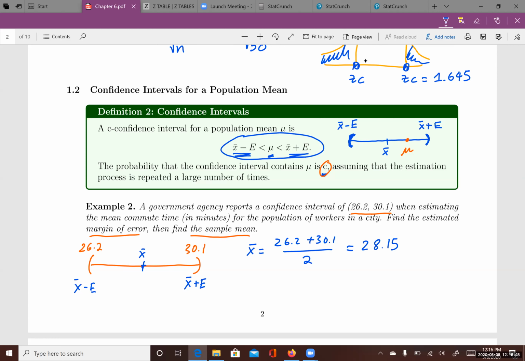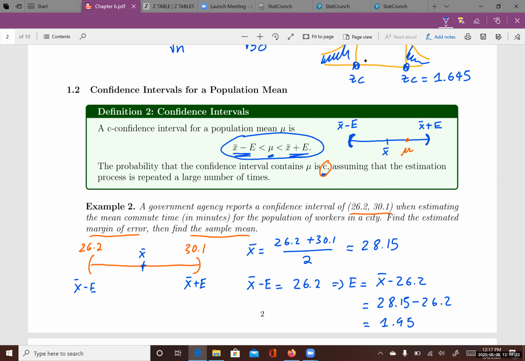Okay. So X bar minus E equals 26.2. Then E equals X bar minus 26.2, which equals 28.15 minus 26.2, which is 1.95.